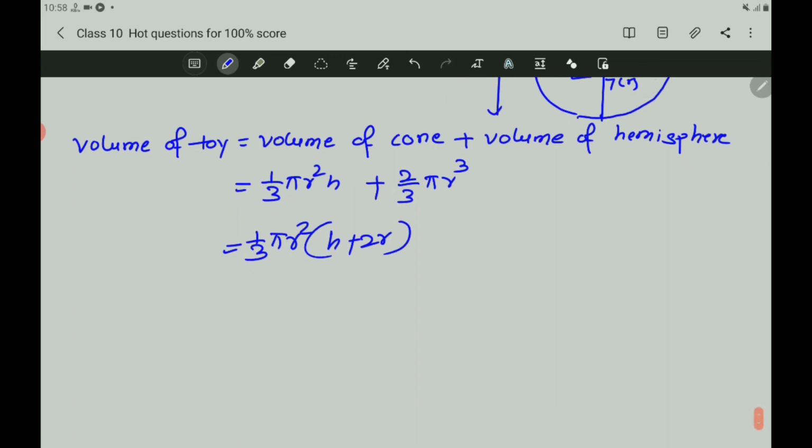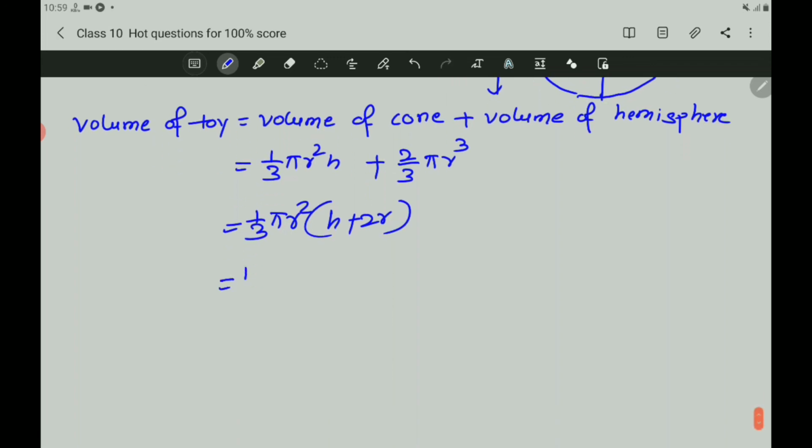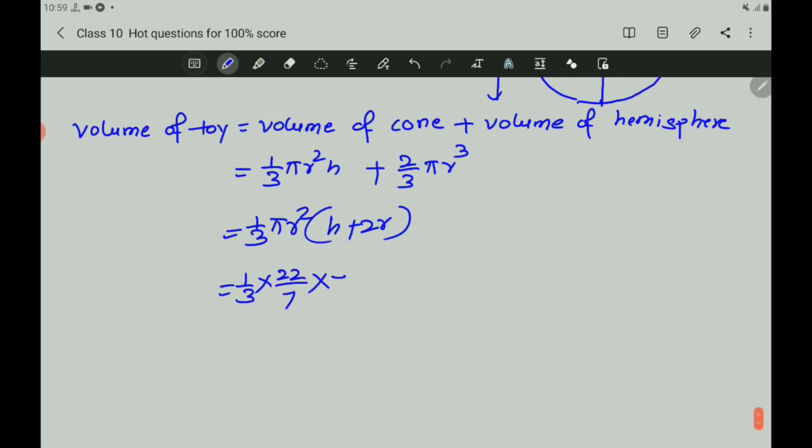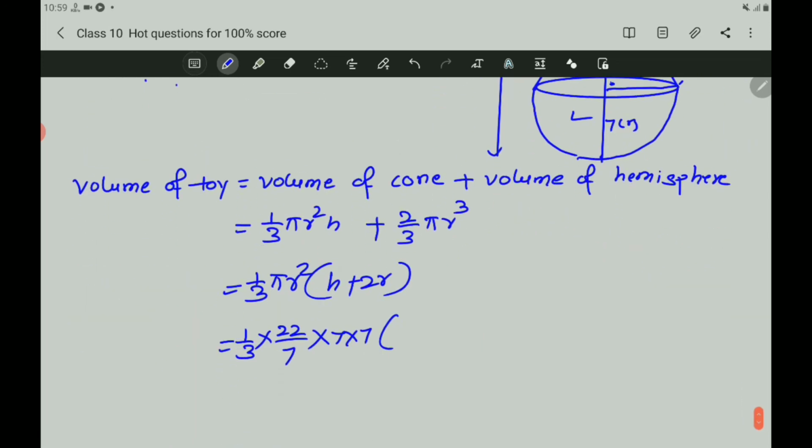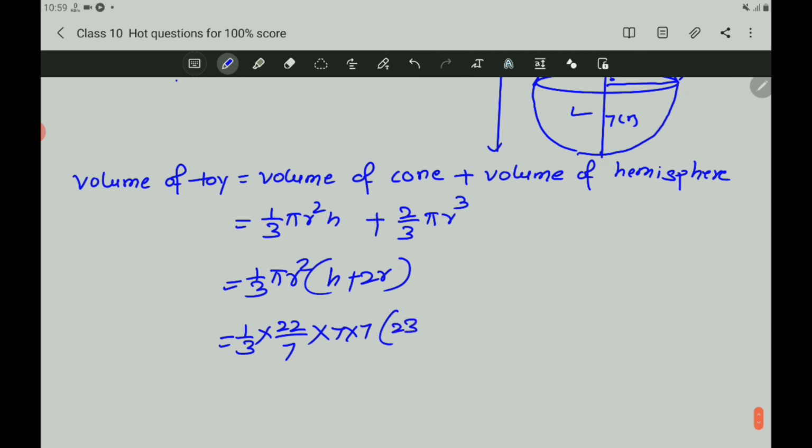That equals 1 by 3, pi you have to use 22 by 7, r is 7, r square means you write 7 into 7, h is how much? That is 23 plus 2 into r, 7.